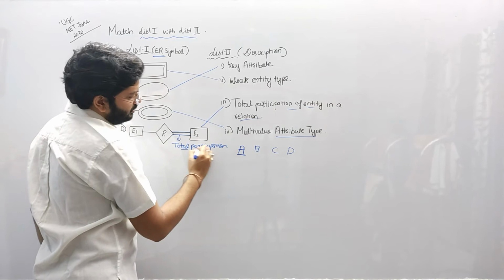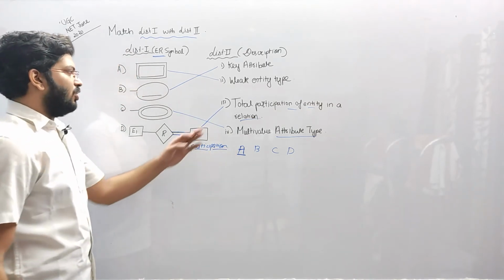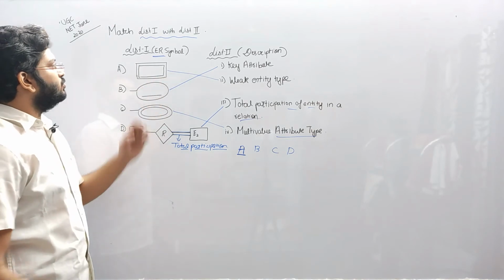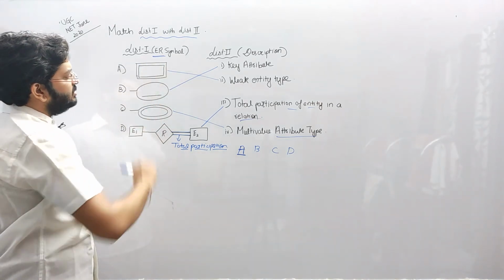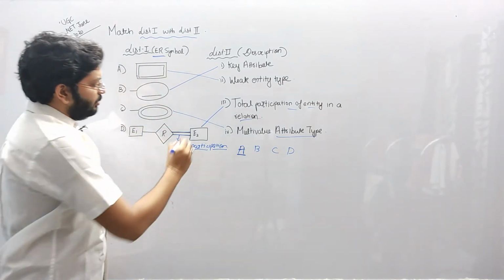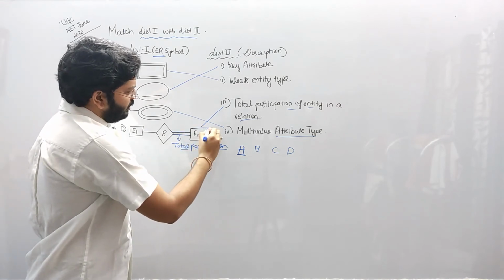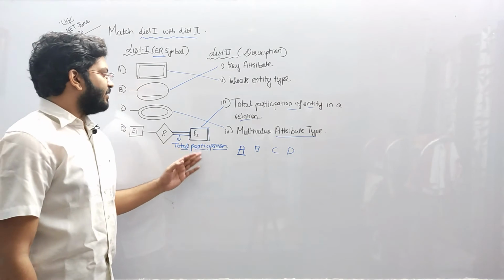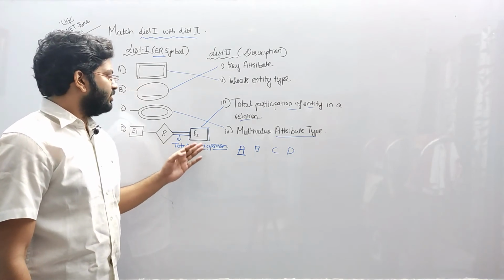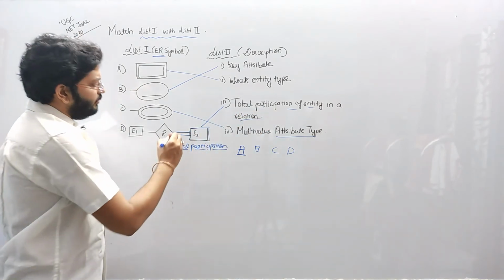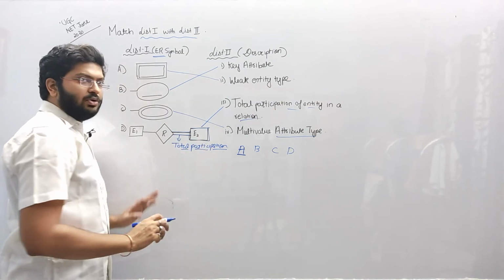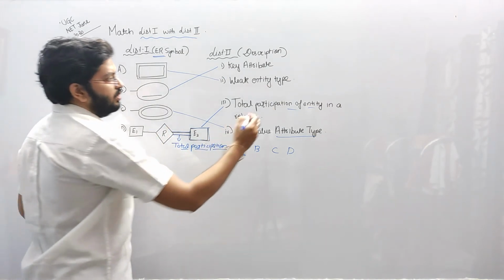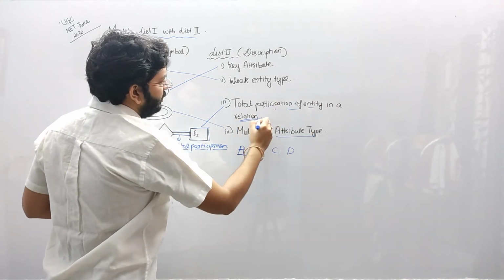This stands for total participation of an entity. A single rectangle stands for a strong entity, and if you have a double rectangle, this is a weak entity. So whenever you see double lines like this, it is total participation. This diamond symbol stands for a relationship. So it is total participation of an entity in a relation.